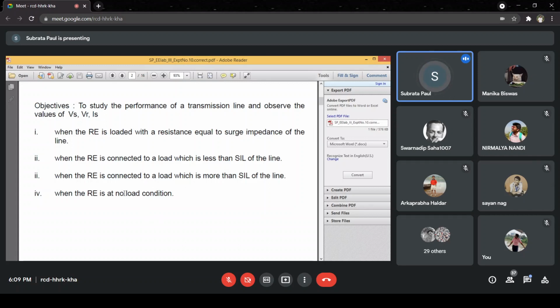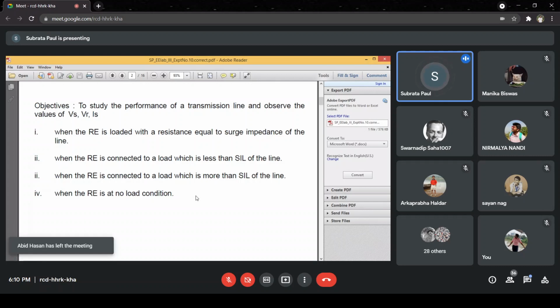When the line is at no load condition, what do you expect? I think you have an idea. A long transmission line is supplied at the sending end and the receiving end is open or at no load condition.